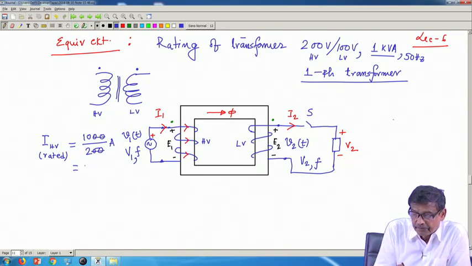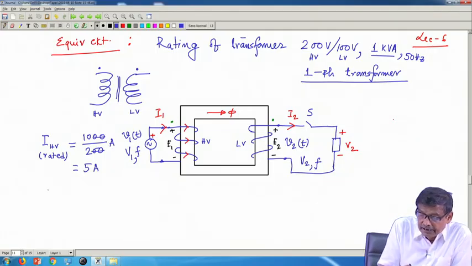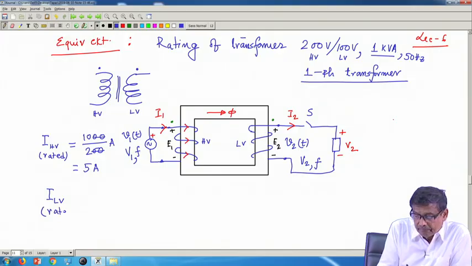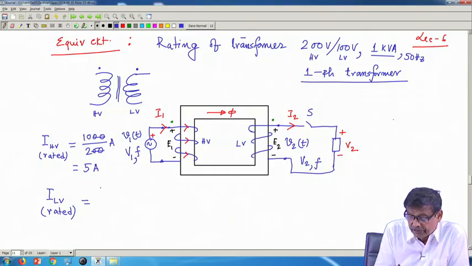It will become 5 ampere. Similarly, I will calculate I LV rated, as kVA remains the same, so 1000 divided by 100 ampere, which is equal to 10 ampere.